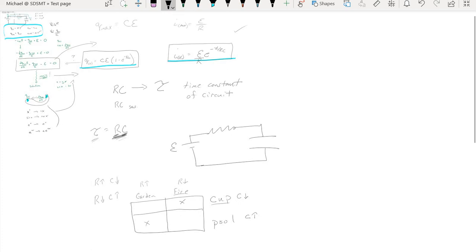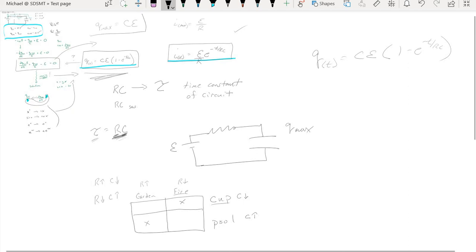But I'm really interested now: how long is it actually going to take for this capacitor to reach maximum charge? We have an equation right in front of us that says the charge at any given time equals CE(1 minus e to the negative t over RC). Well, I want to know how long that's going to take.